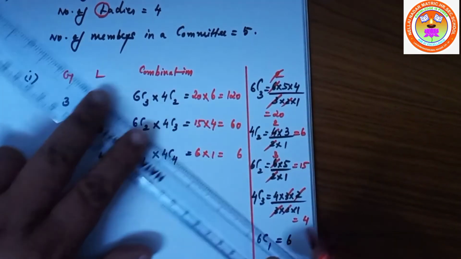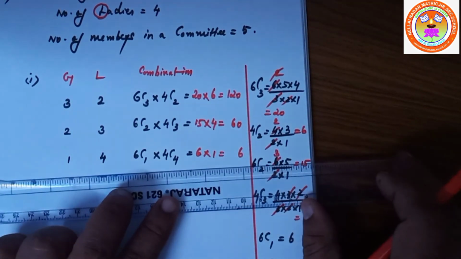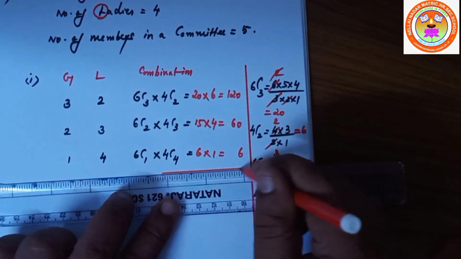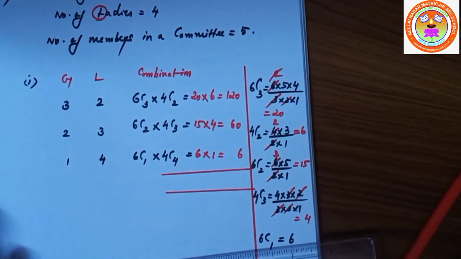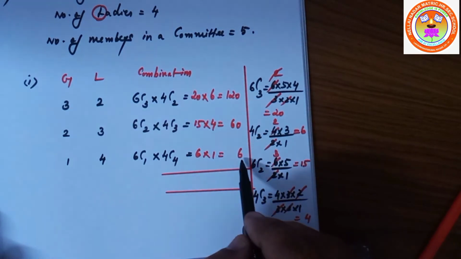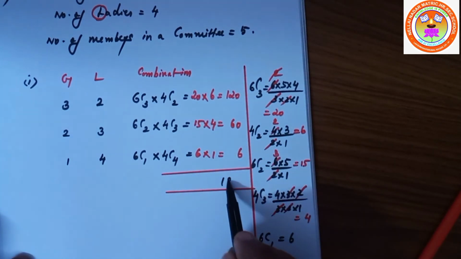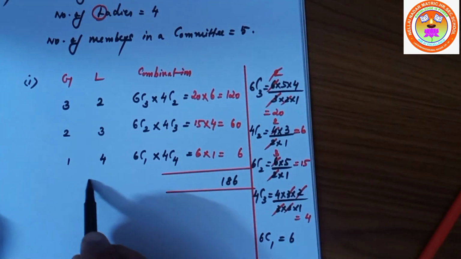Then you have the total combination: 120 plus 60 plus 6 that is equal to 186. That's the total combination.